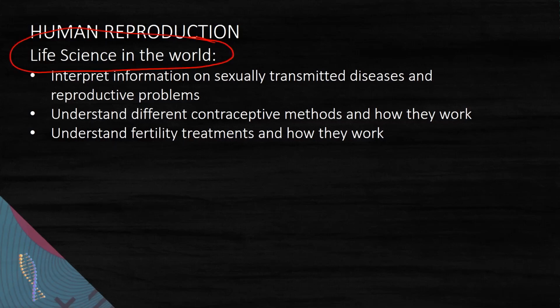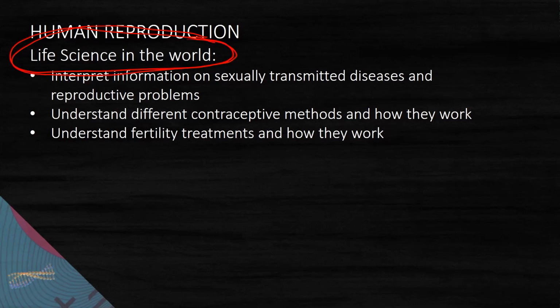So what we're looking at now is specific aim 3, which is looking at life sciences in the world. In other words, it's where you link what you learn in class to the real life world around you.